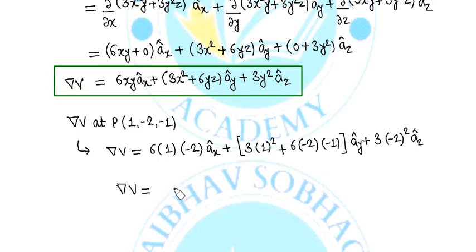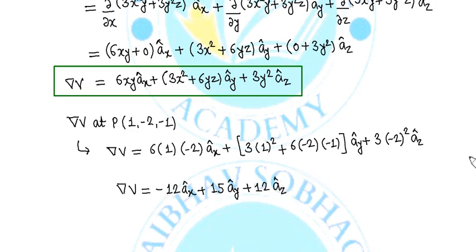So we have that answer to be minus 12 ax cap, plus 3 into -2 times -1, that will be +2, +2 into 6 will be 12, and 12 plus 3 will be 15, so 15 ay cap, and this -2 square is 4, so 4 into 3 will be 12 az cap.